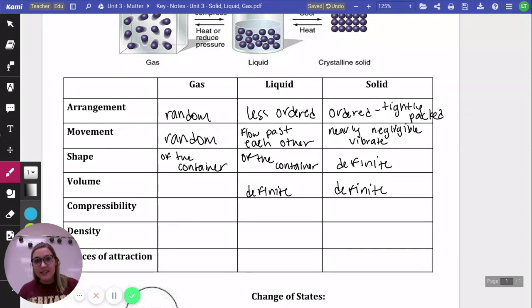And then gases can expand or be compressed, and their volume is the volume of their container, just because of the way the particles are arranged.